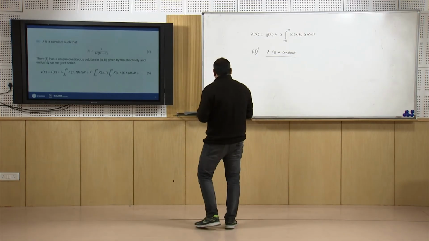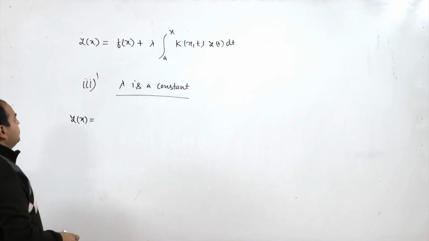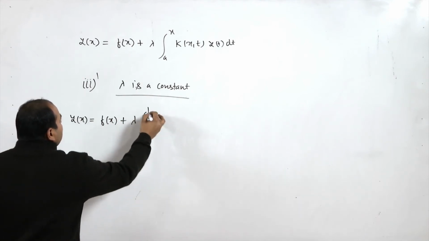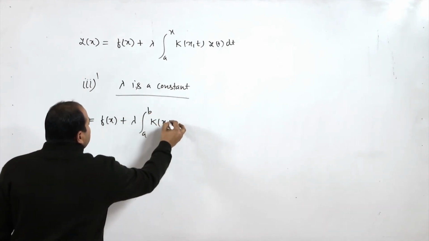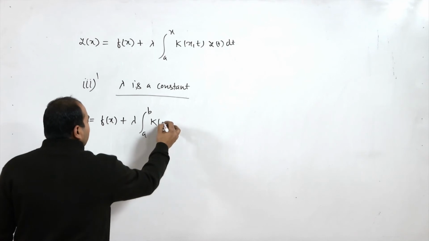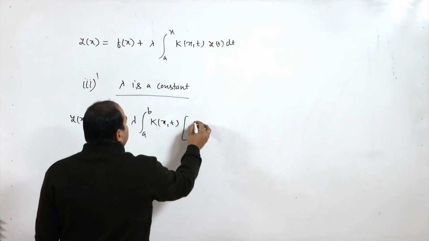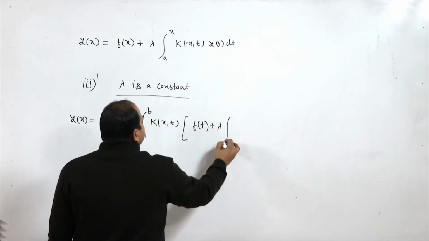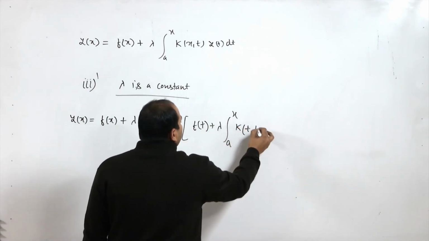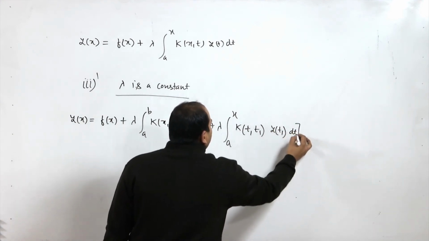The reason being that if you look at what we have done here, we started with the first substitution, writing f(x) plus lambda times the integral from a to b of k(x,t) with the value of y(t), which is given by this only. So y(t) is f(t) plus lambda times the integral from a to x of k(t,t1) y(t1) dt1, and dt.